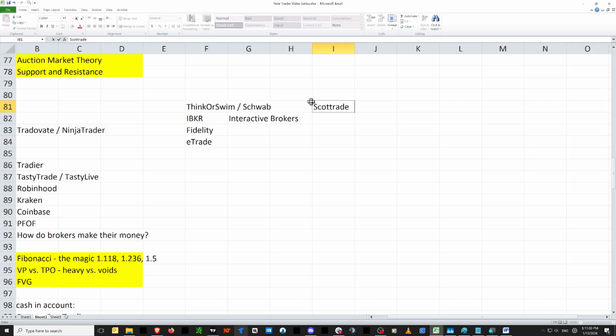Scottrade bought or licensed Thinkorswim from Tom Sosnoff. Scottrade got bought out by TD Ameritrade. Sosnoff continued to license Thinkorswim to TD Ameritrade. Now, TD Ameritrade was great, absolutely great.